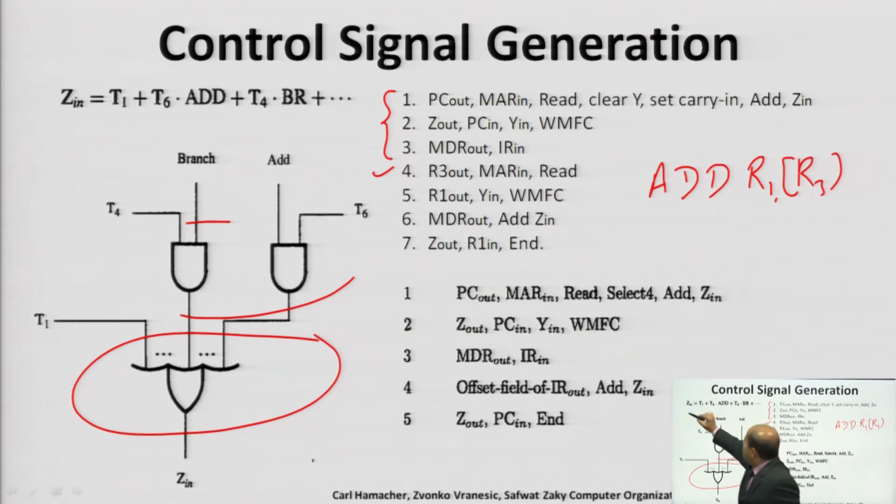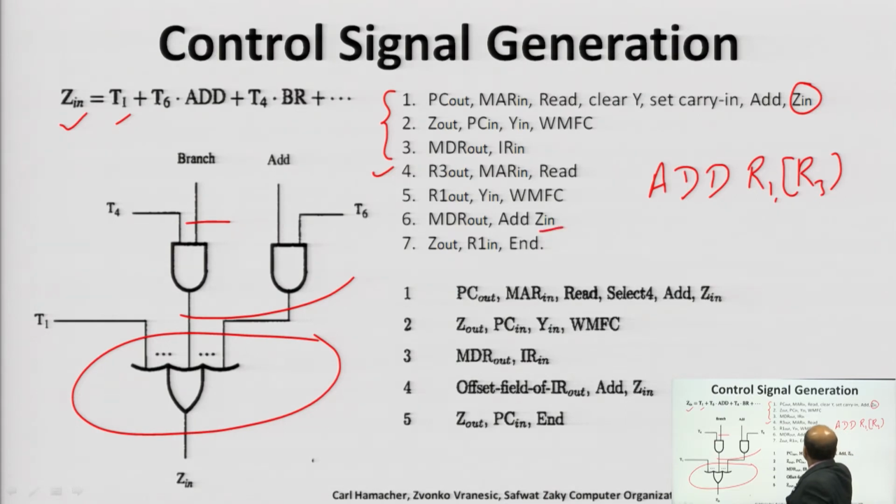So, let us take an example of Zin. Zin is issued in the first step, or in the first clock cycle, that is why T1 is written here. Zin is also issued in the sixth step with the Add command.